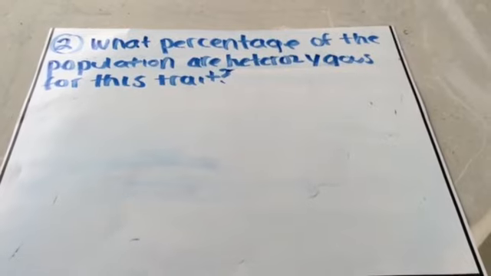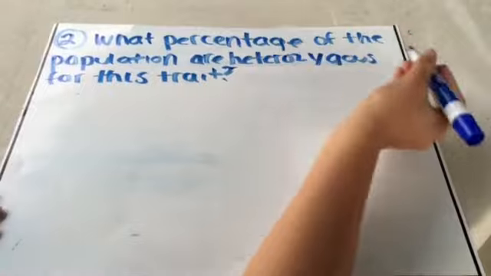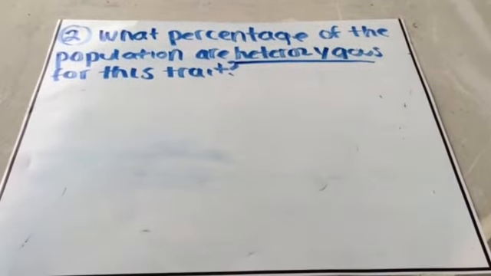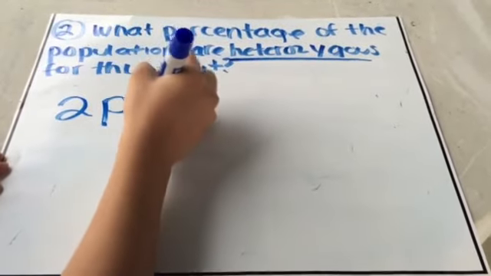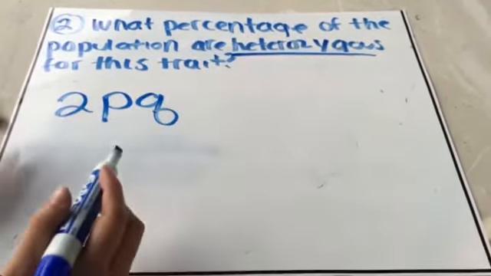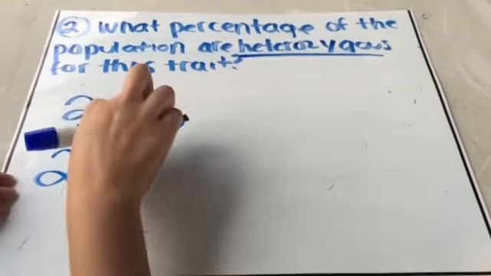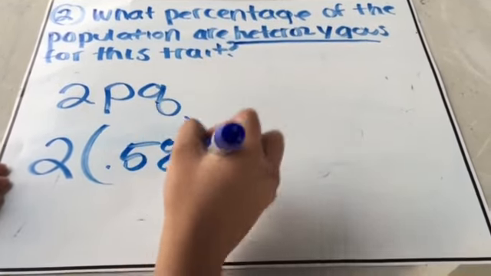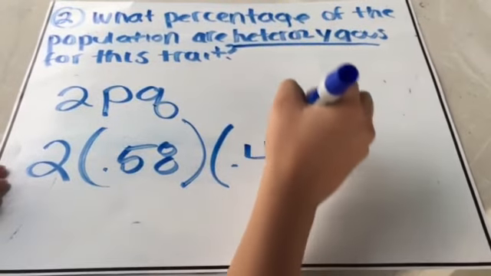Okay, so now we're trying to solve what percentage of the population are heterozygous for this trait. As I discussed at the beginning of the video, heterozygous is 2PQ. And as we solved in number 1, P is 0.58 and Q is 0.42.